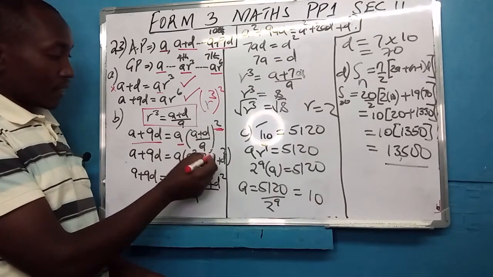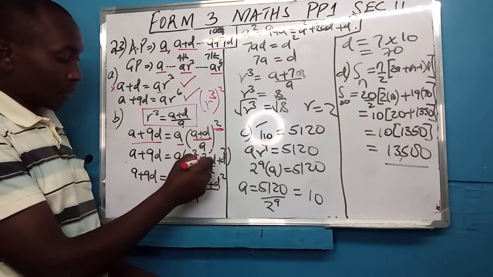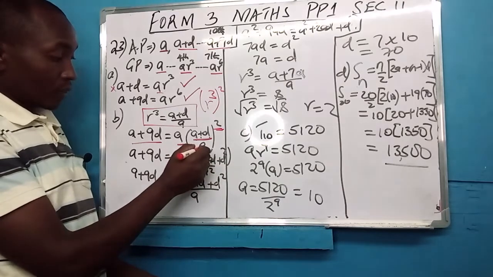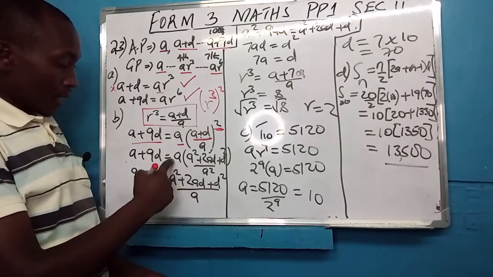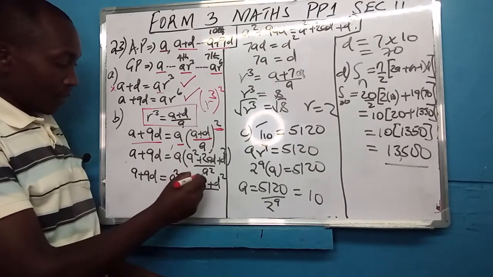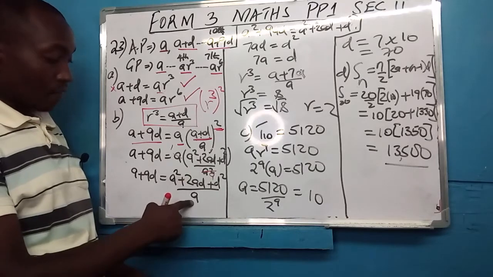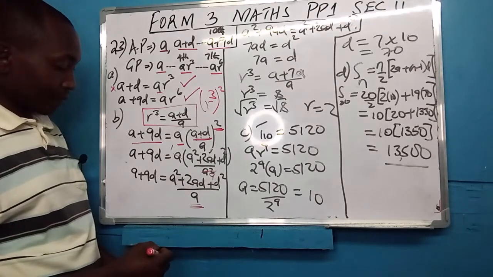Remember, I can expand this using the quadratic identity. It will be A squared plus 2AD plus D squared over A squared. Even this A is under that square. Then I can cancel A by A, so that is where I get this denominator A here.